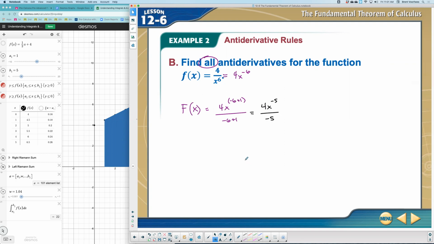It does not appear to reduce. So I could write the answer that way, but I'm actually going to convert this back, and I will say f of x is going to equal a negative power in the numerator. It's the same thing as that power being placed in the denominator. So it'll be 4 over negative 5x to the 5th power plus c. And that would be my answer here on example 2b.